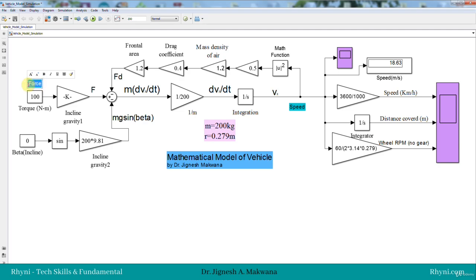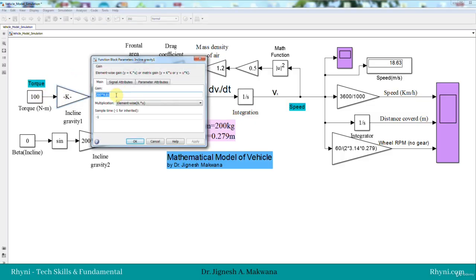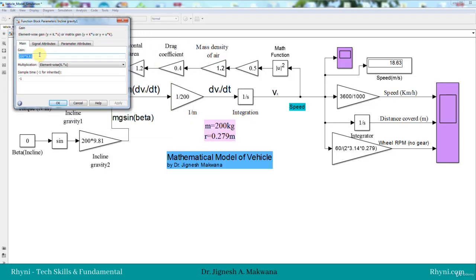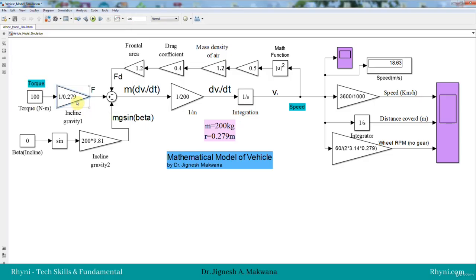Now force is equal to torque divided by radius, or we can say torque is equal to force multiplied by radius. So I use 1 by radius, and the radius is 0.279. So this is torque, this is force.